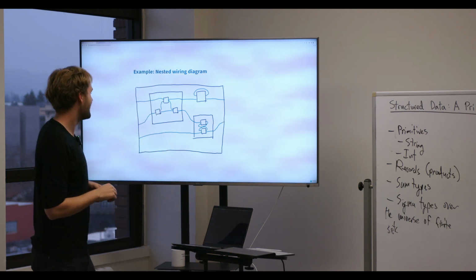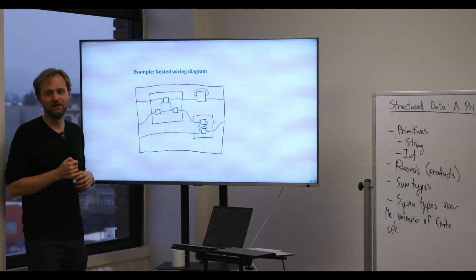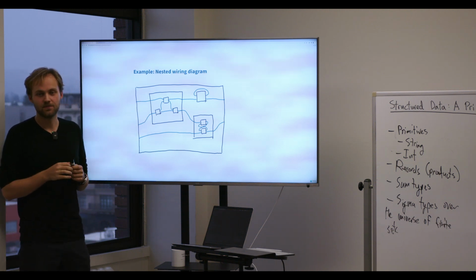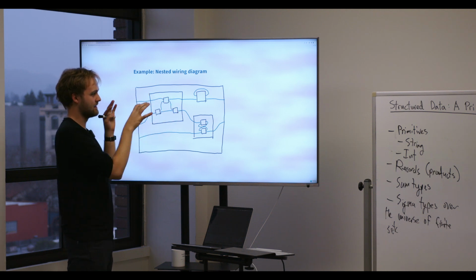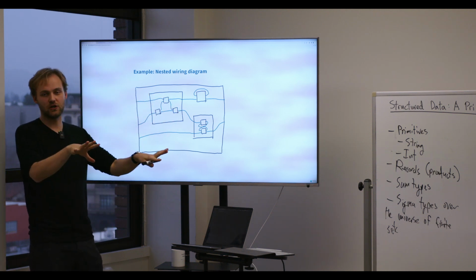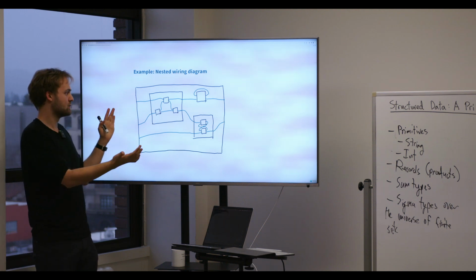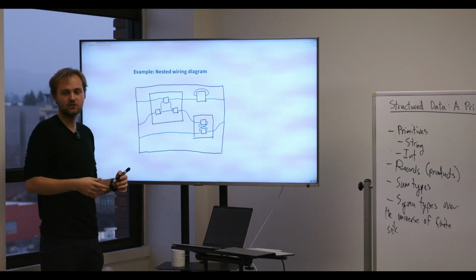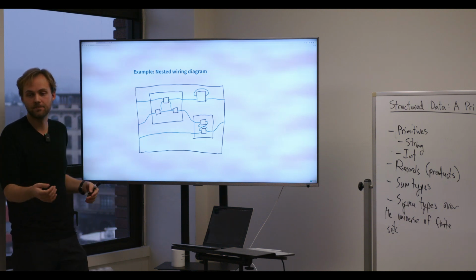And then finally, and this is the big fish of where I hoped this to go, is nested wiring diagrams, where this partly has a tree structure. Each wiring diagram has boxes, and inside that box you could put a primitive system, or you could put a whole other wiring diagram.